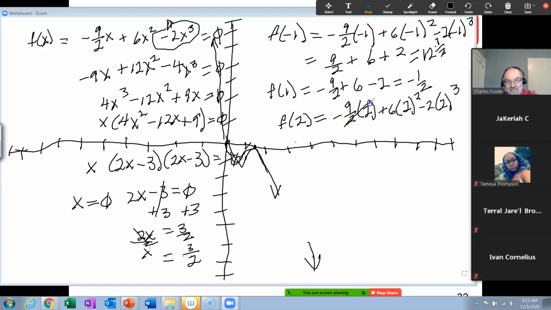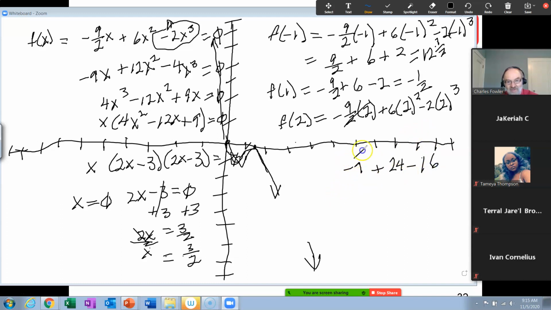The 2's divide out, and this will be a minus 9, plus 2 squared is 4 times 6 is 24, minus 2 cubed is 8 times 2 is 16. That's a minus 16.